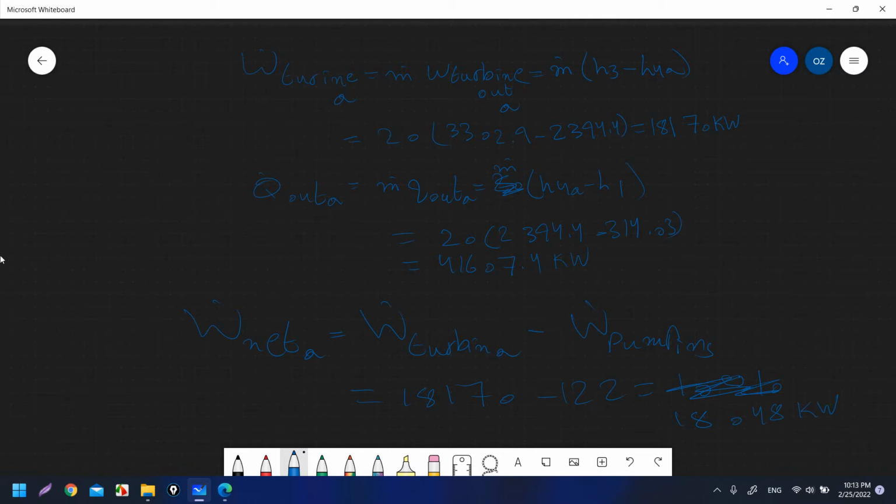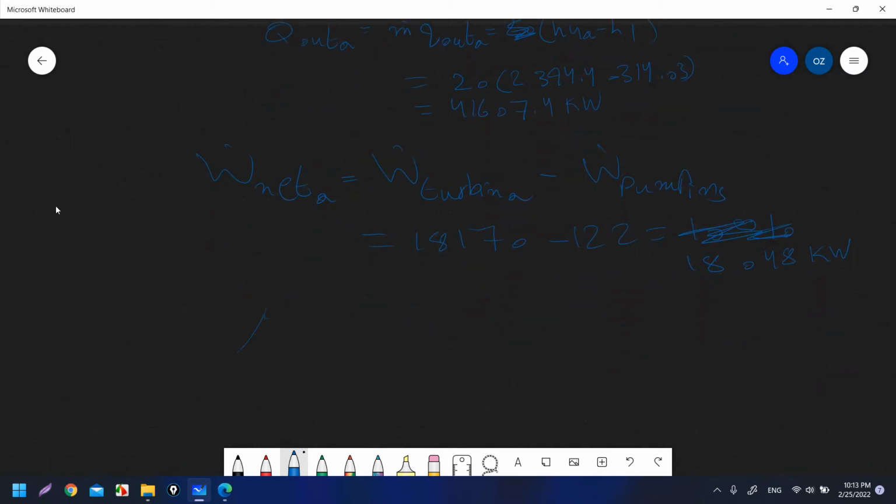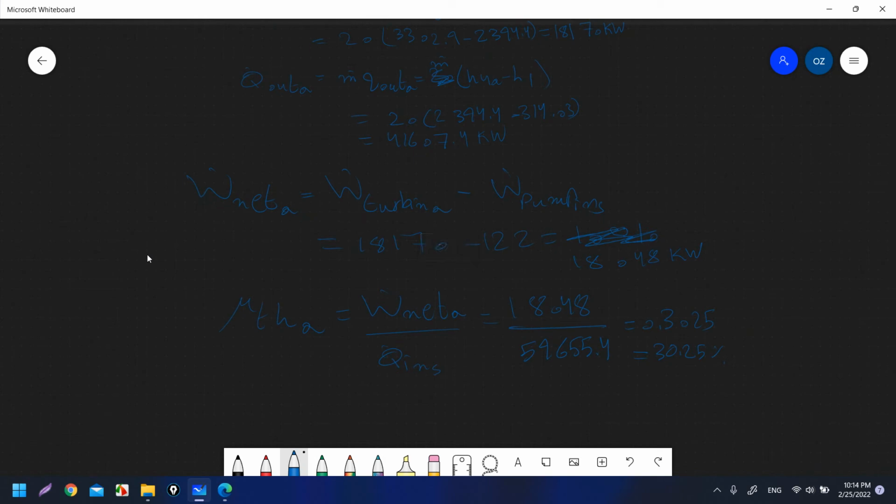The actual thermal efficiency will be W dot net over Q dot N. This one is actual, this one is ideal. So 18048 over 59655.4, and the final answer will be 0.3025, which is equal to 30.25%.